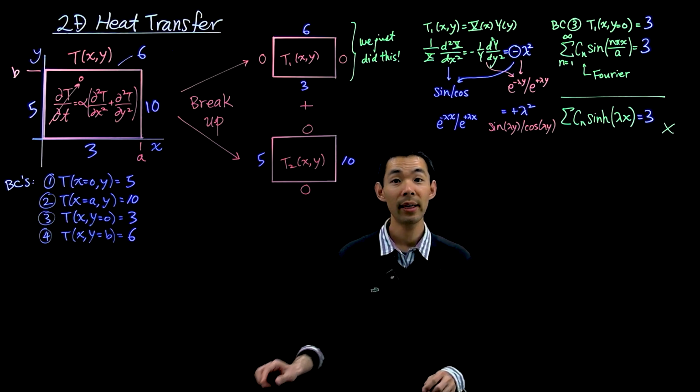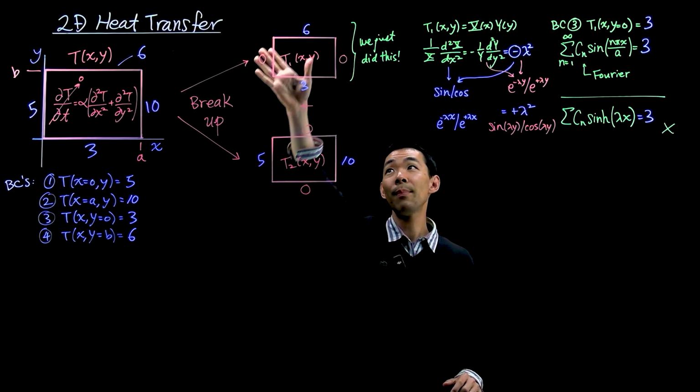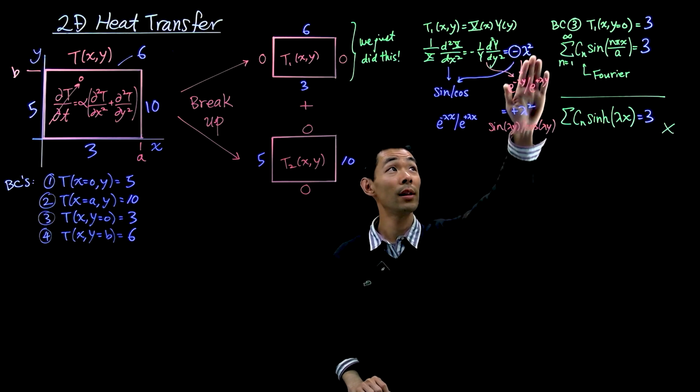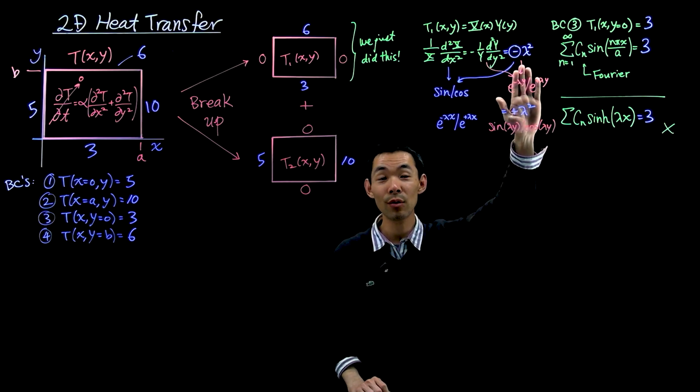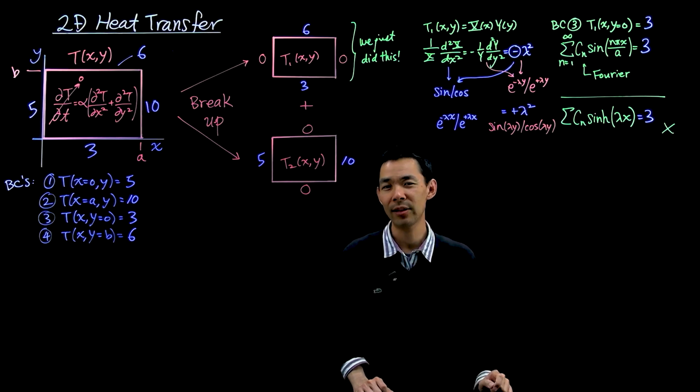And this is why you need to be a little bit careful when you set up your problem about which sign of your constant, the eigenvalue lambda, to choose, because otherwise you're going to get into a problem a little bit later.